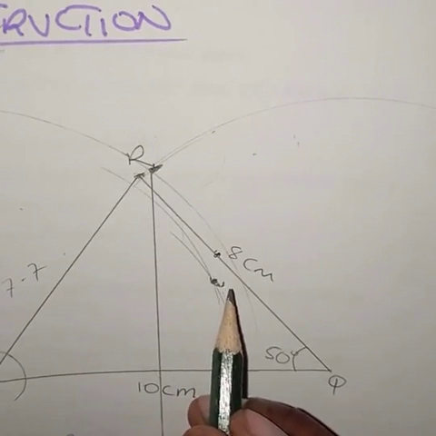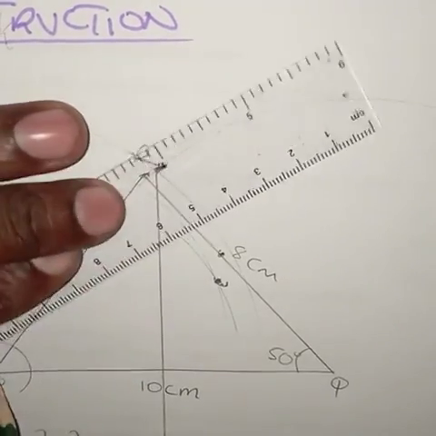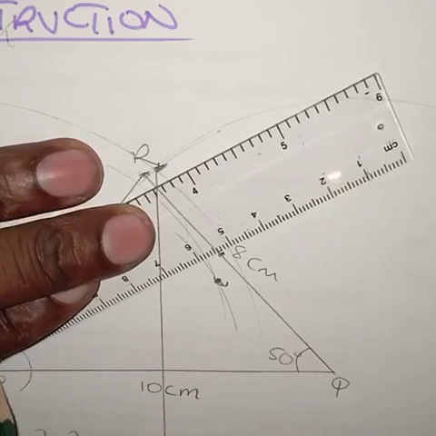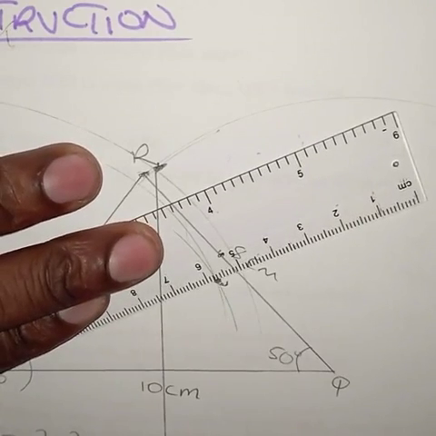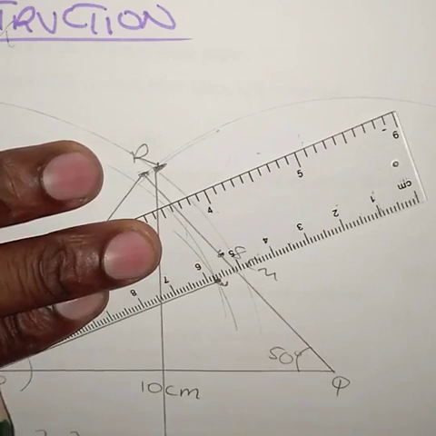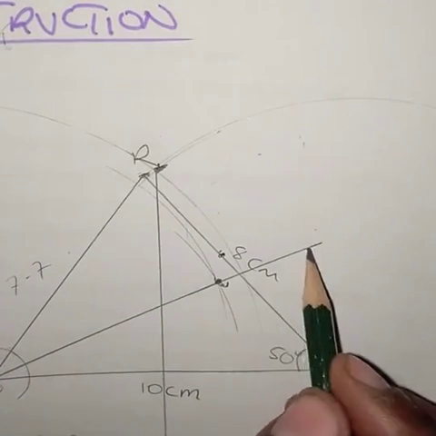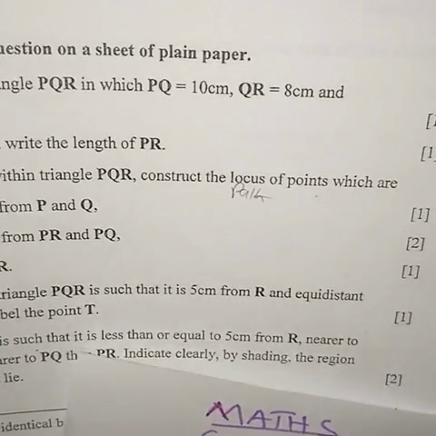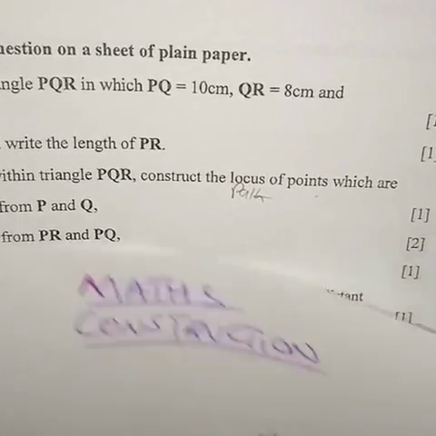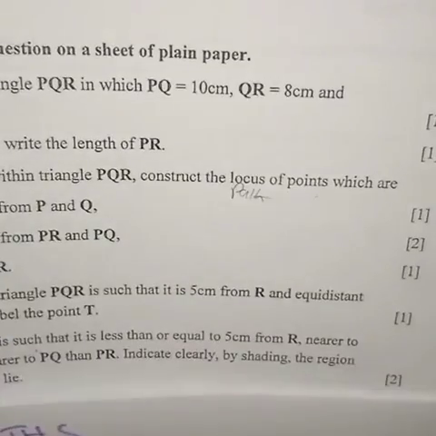That is where the bisector will pass, coming from P. You see that? So it has bisected the angle into two equal parts. I can write this question as this one is B2. I can indicate here, no problem, B2. So this is what you're supposed to do.